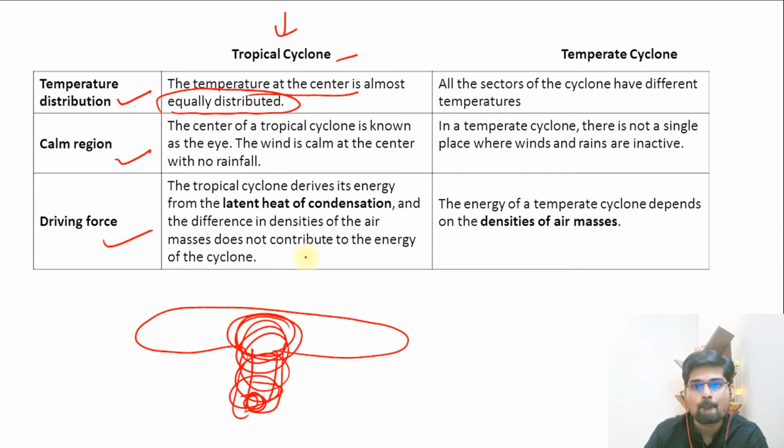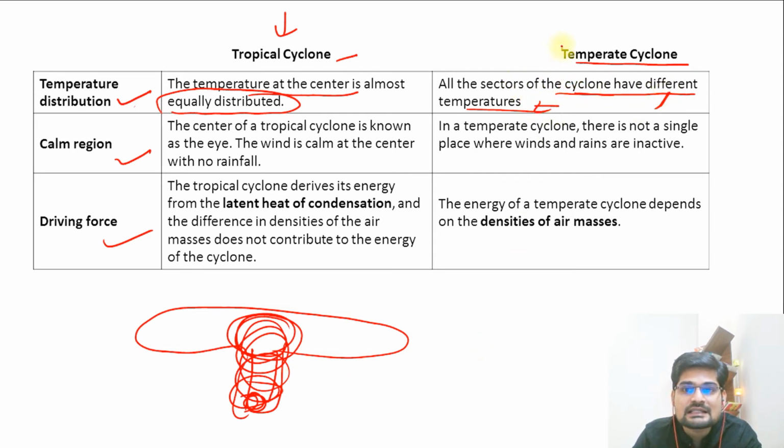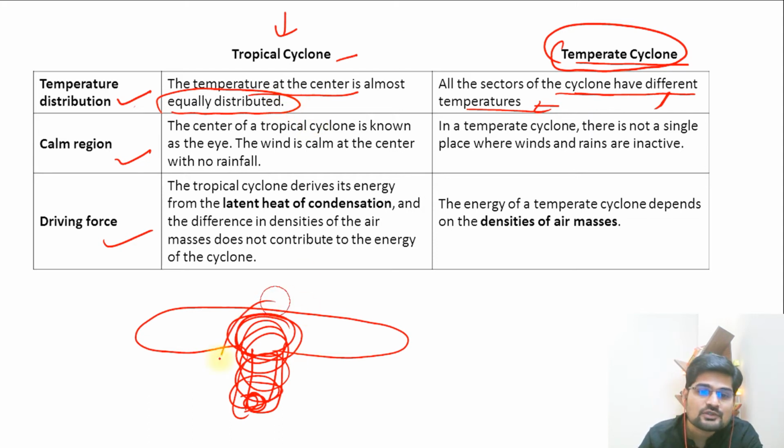But the temperate cyclone is one where all sectors of the cyclone have different temperature distribution. Remember, this is one important thing. All sectors have different temperatures in a temperate cyclone because of the fronts, warm front and cold front. So the difference is there. So this is important. This is largely uniform. This is varying. That is important.